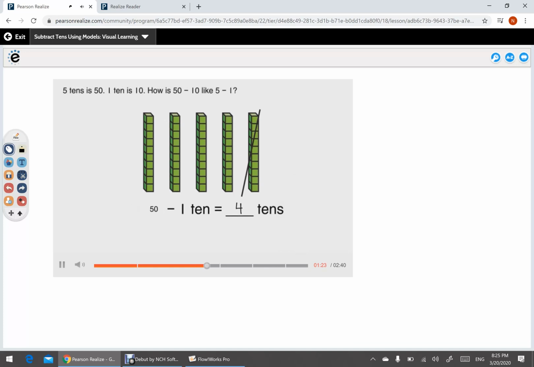5 tens is 50. 1 ten is 10. How is 50 minus 10 like 5 minus 1? Yes, who can tell me?